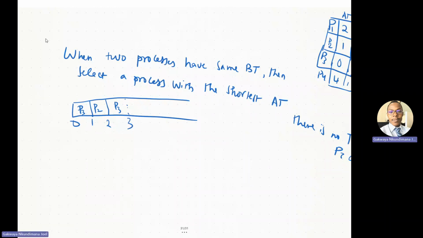What is the next process? We look at time 4, right?